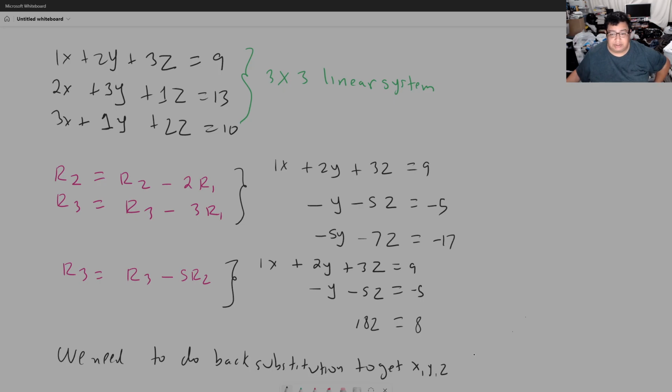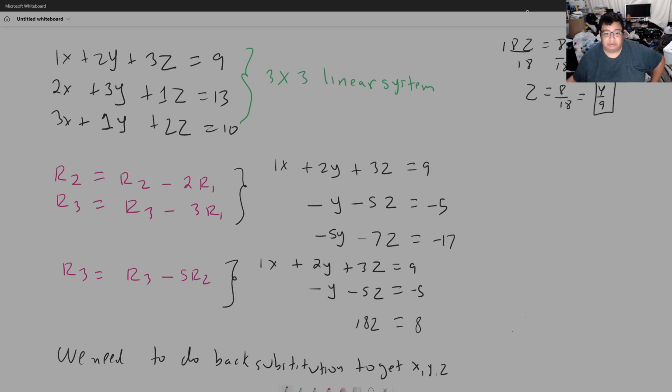It is easy to get z because all you have to do is 18z equals 8. We divide by 18, so z is equal to 8 over 18. We divide top and bottom by 2, that will be 4 over 9. So that will be our first one.